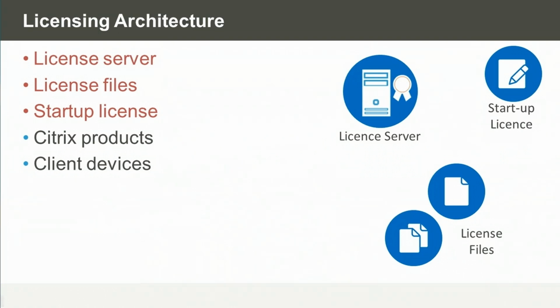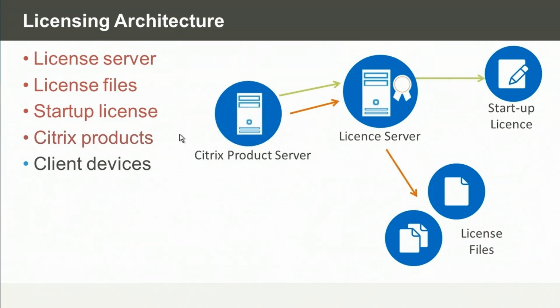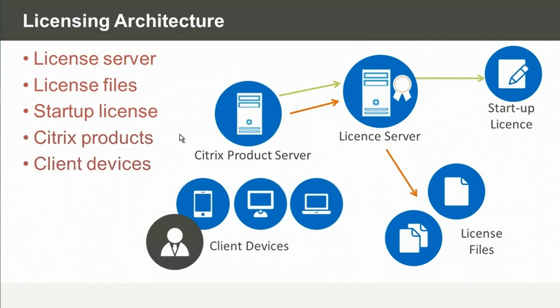And then, of course, there's your Citrix products, and these are the products that you're actually going to be licensing, whether it is XenDesktop or XenApp or other Citrix applications that you're using. And then, of course, there are your client devices.